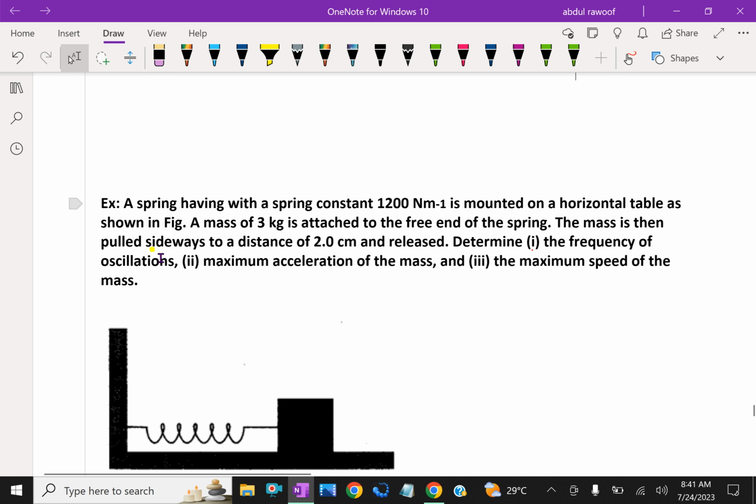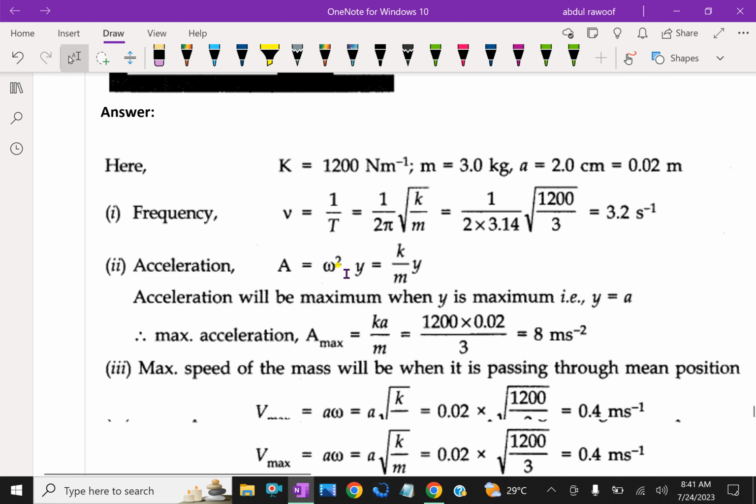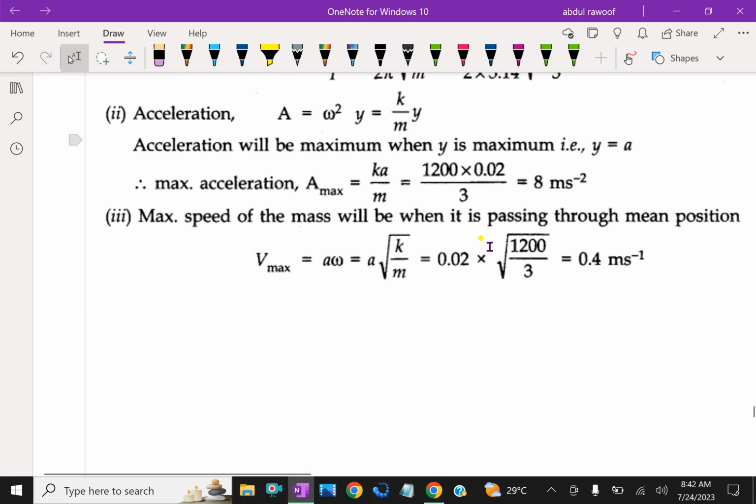Here the pulling distance is 2 centimeter, which is the amplitude. Omega is square root of k by m, which is 1200 by 3, so v max is 0.4 meter per second.